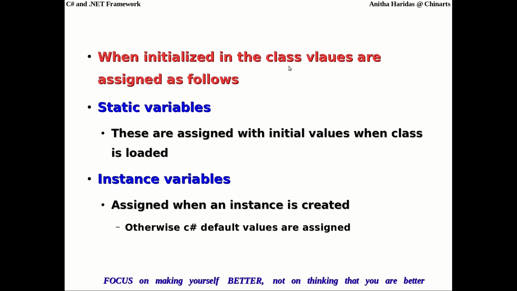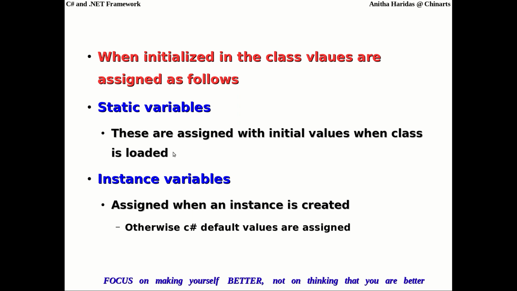When initialized in the class, values are assigned as follows. If it is a static variable, these are assigned with initial values when the class is loaded, because for static variables you are going to have only one copy for the entire set of objects of that particular class.